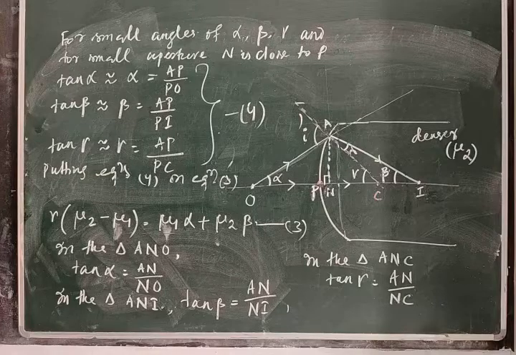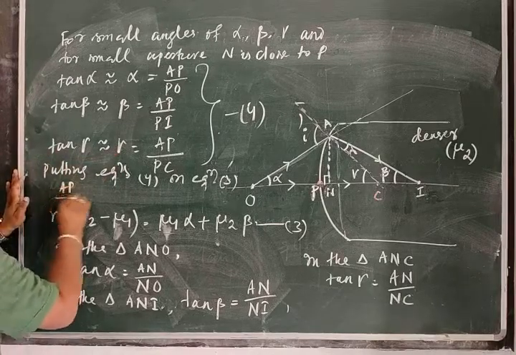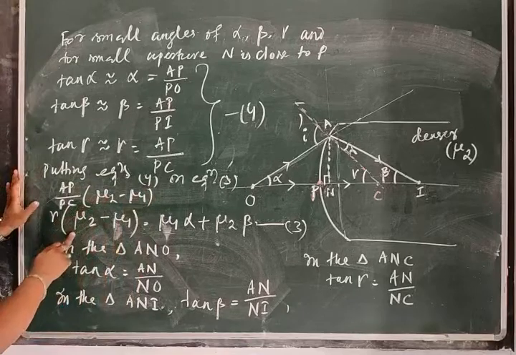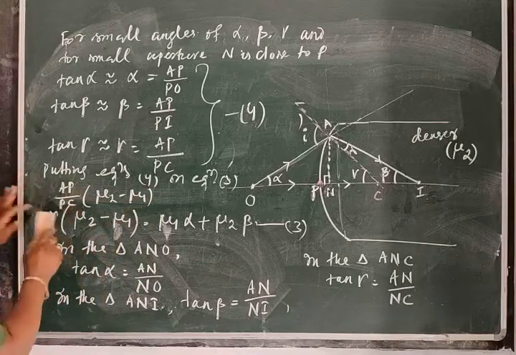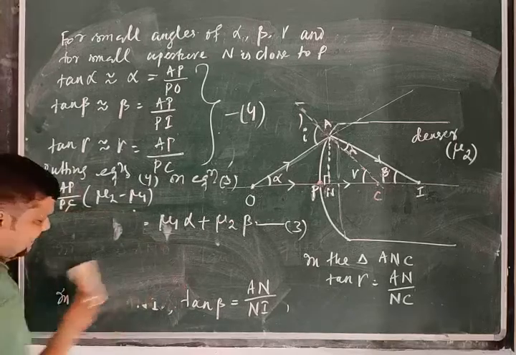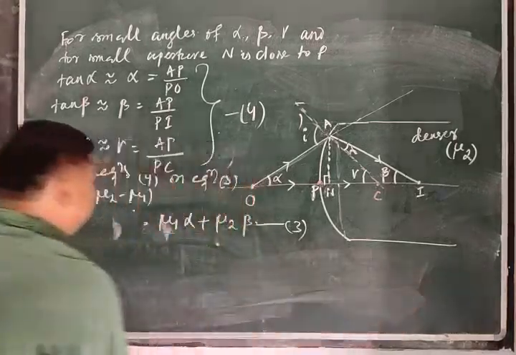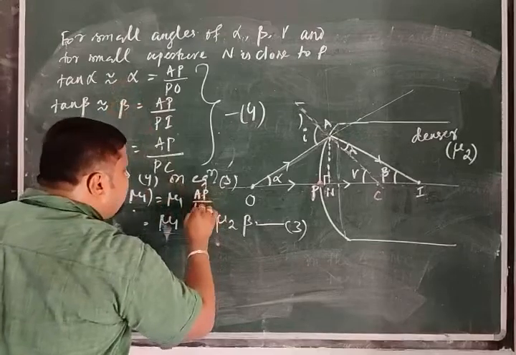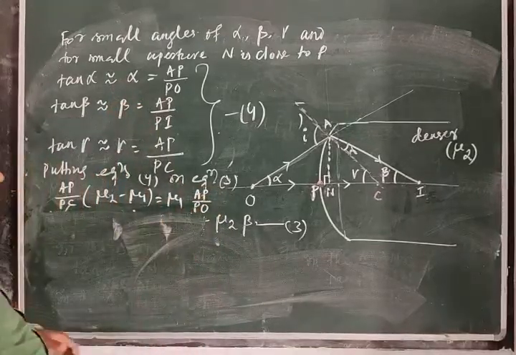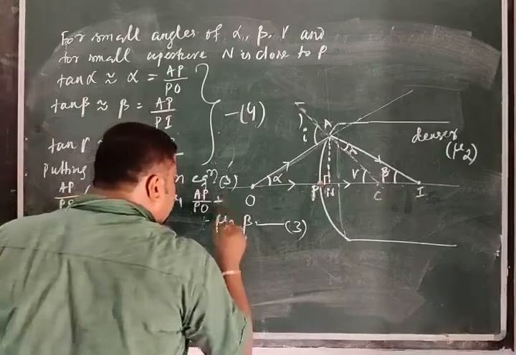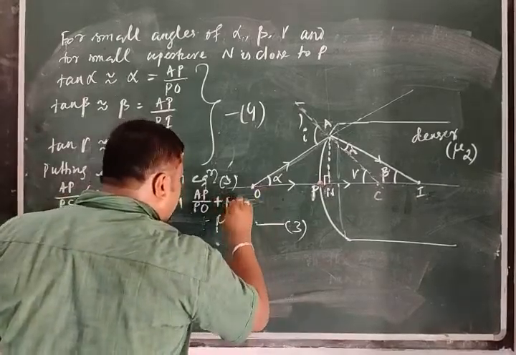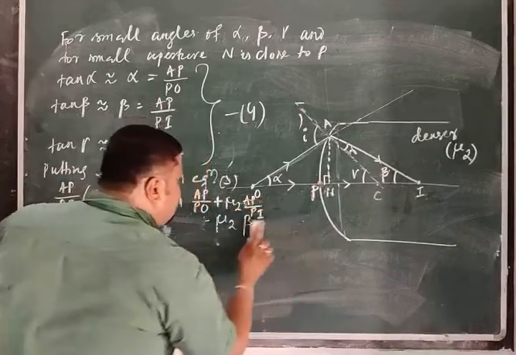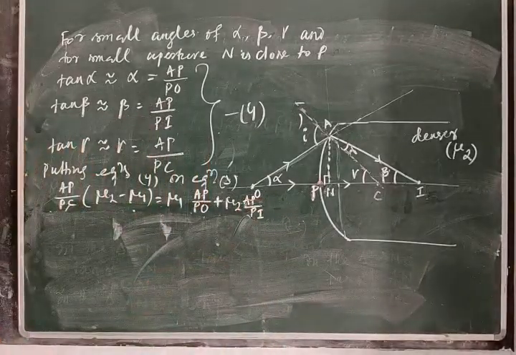Gamma, AP divided by PC, into mu2 minus mu1, is equal to mu1 alpha, which is AP divided by PO, plus mu2 beta, which is AP by PI. This is the equation.